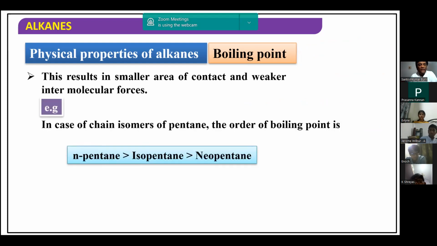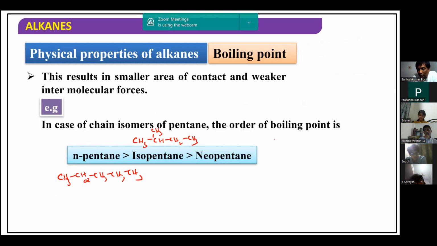For example, n-pentane is CH3, CH2, CH2, CH2, CH3. Isopentane is CH3, CH, CH3, CH2, CH3.